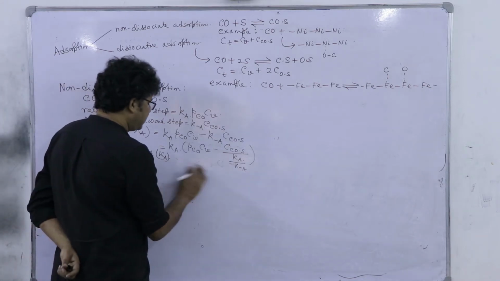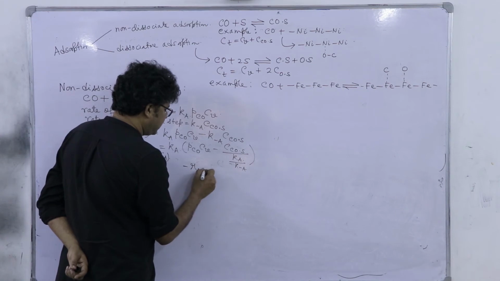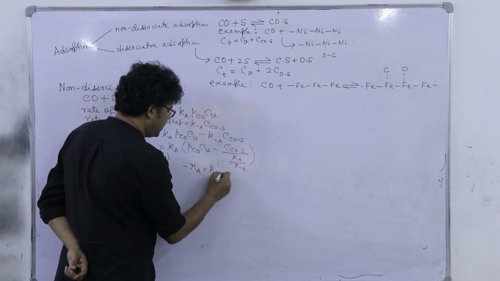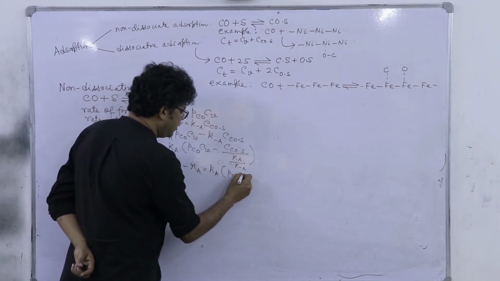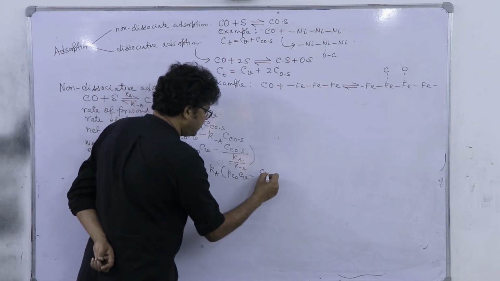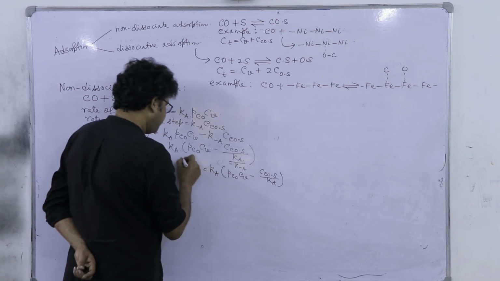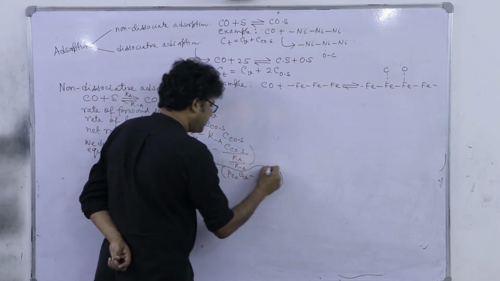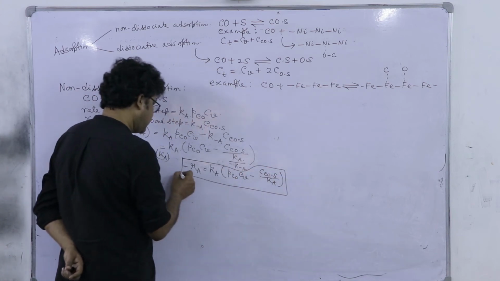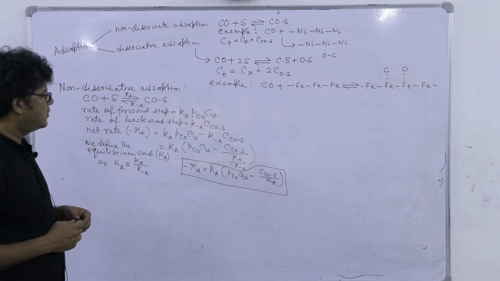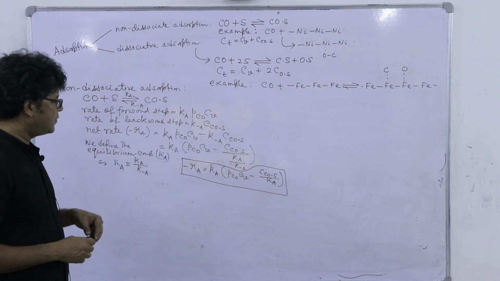So we have this rate expressed as minus Ra equal to Ka PCO CV minus CCO dot S divided by capital Ka. Right. So that's the rate expression.